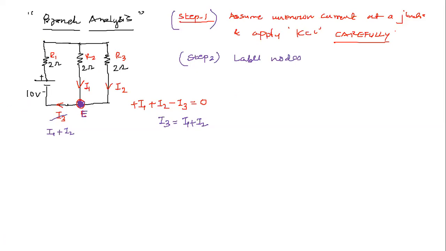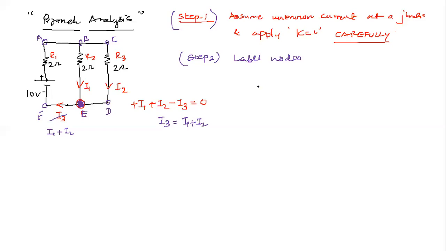So let us start from here. A, this one is B, this one is C, this one is D, E, and this one is F, right? Then step 3 is to choose any two closed paths and apply KVL. You can go clockwise, anti-clockwise, doesn't matter.